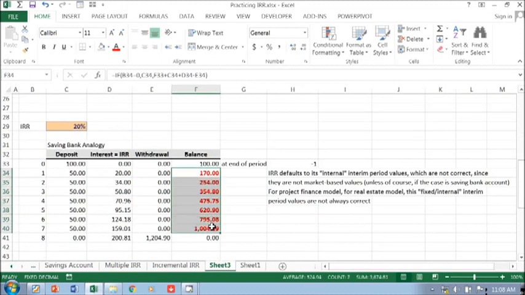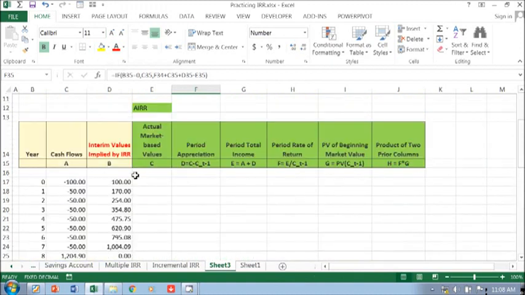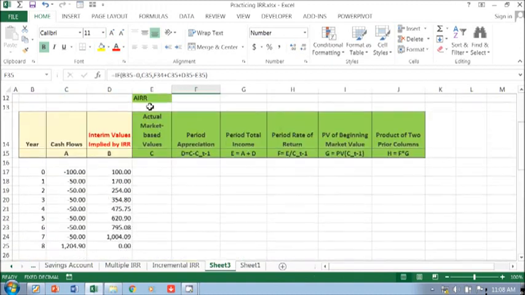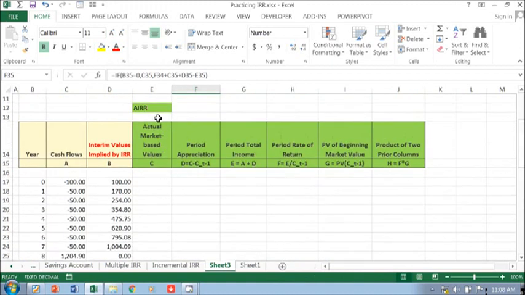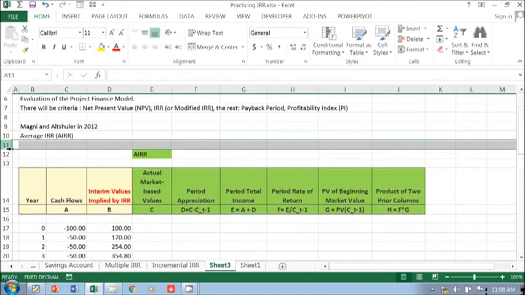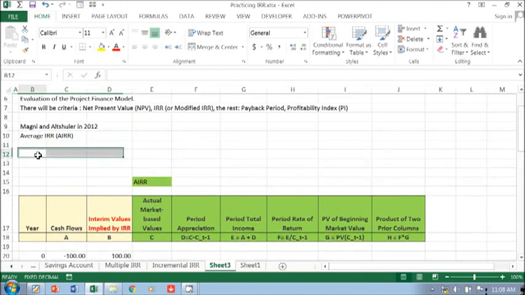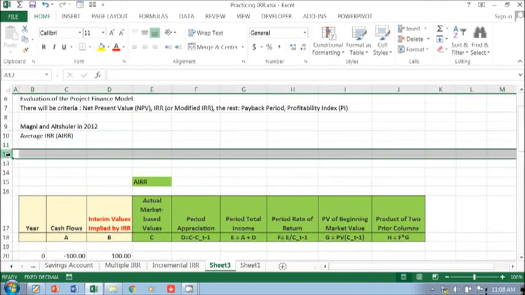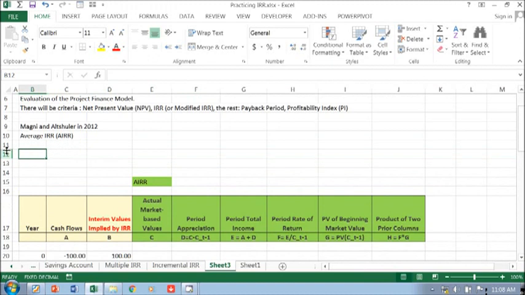I put the yellow here. So I just move here, and then the actual market basis. For example, for project finance or real estate, you usually have an annual assumption. I'll put it here.